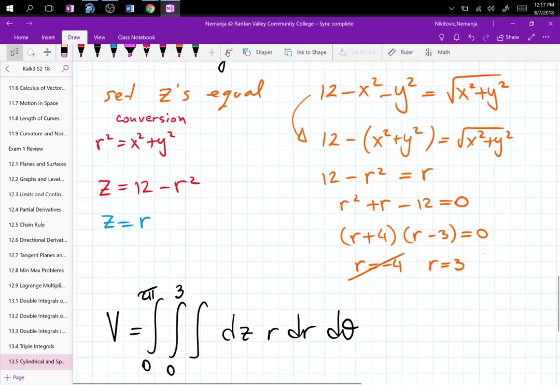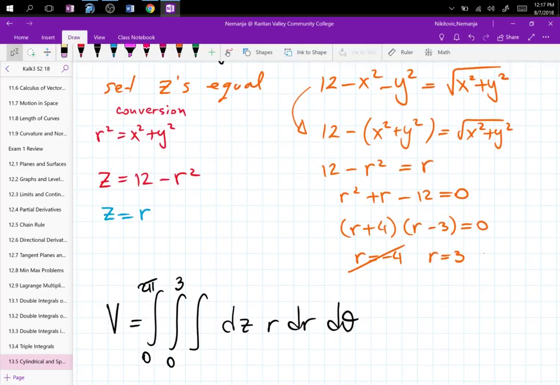So on the bottom of the shape, we have r, that's the blue one, and on top of the shape we have the cone, not the cone, the elliptical paraboloid, 12 minus r squared.